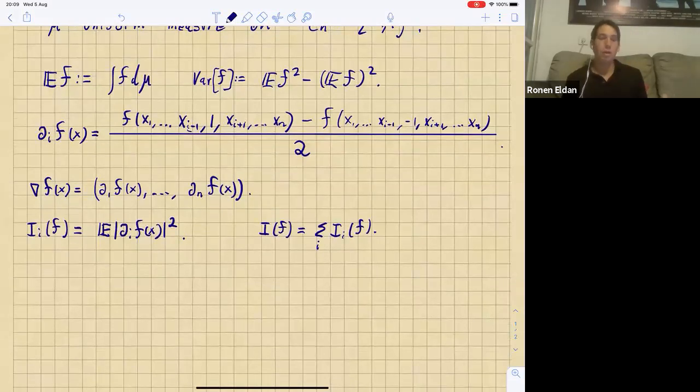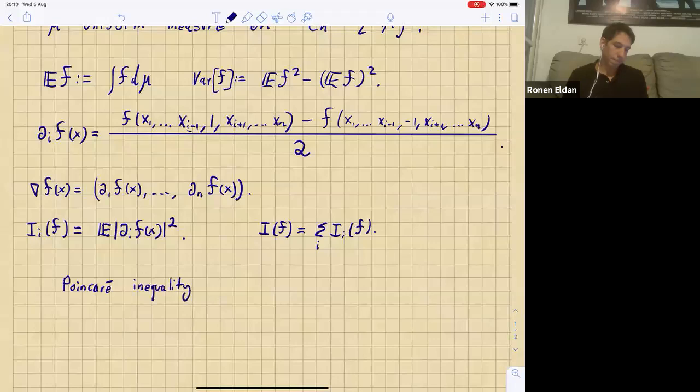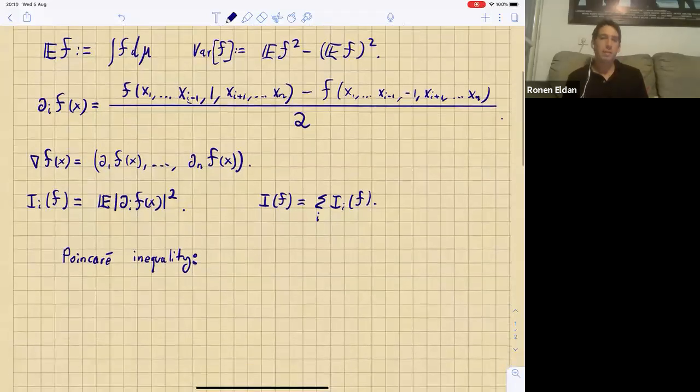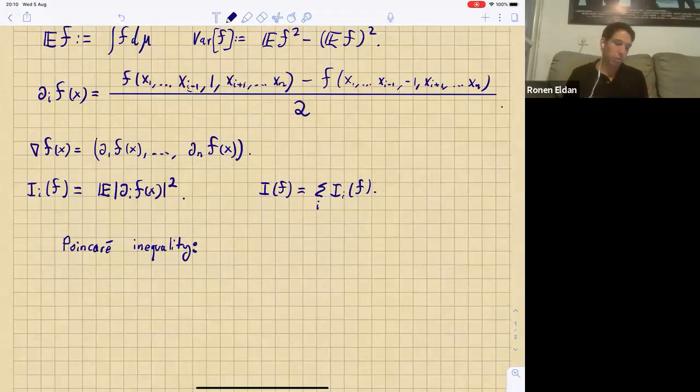We're now ready to formulate the first canonical concentration inequality, which is the Poincare inequality. This is the most basic way to relate local to global oscillation.